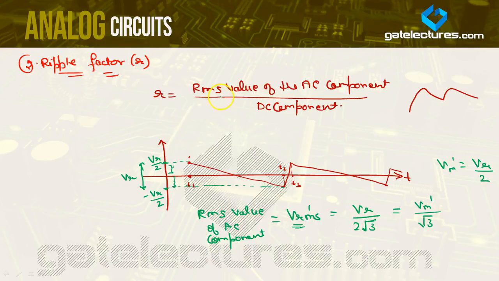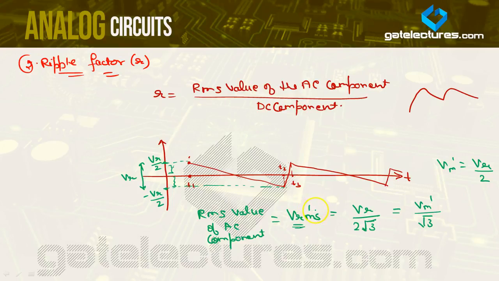You are not supposed to use the Vrms prime that was given for the half wave rectifier when a capacitive filter was not connected at its output. This is totally different. You should not confuse the concepts behind the half wave rectifier without and with the capacitive filter.